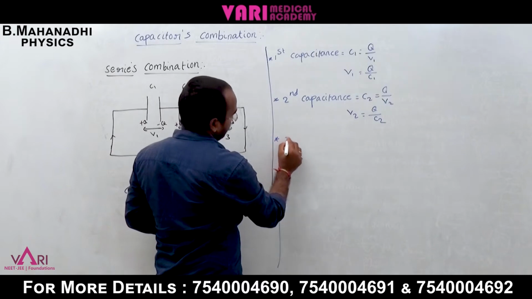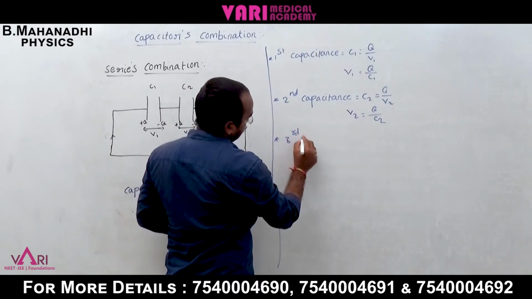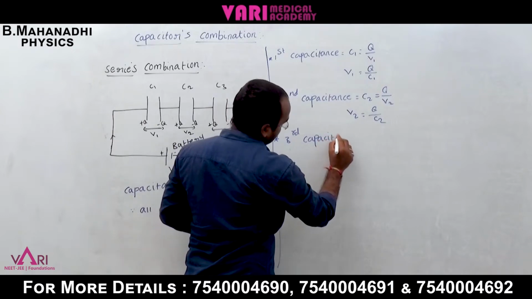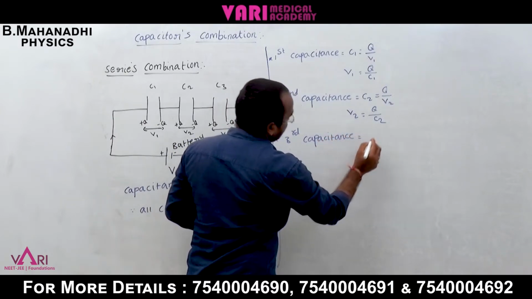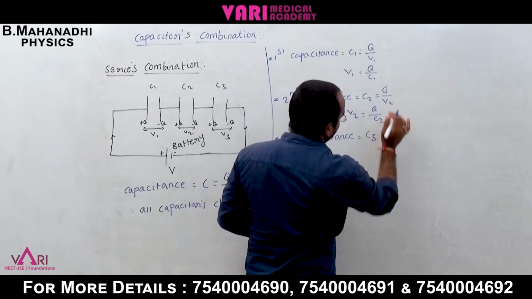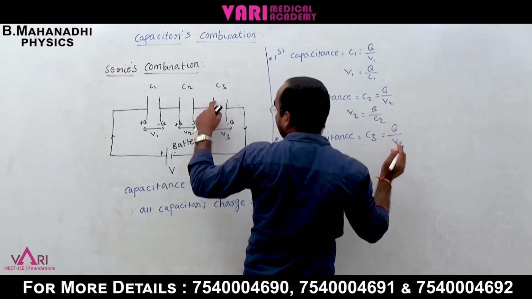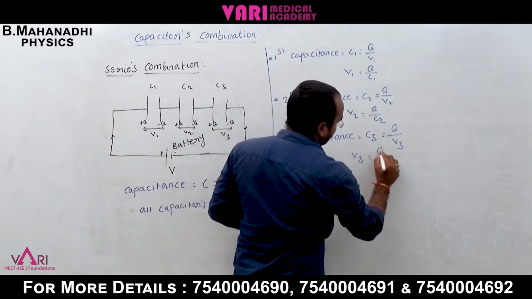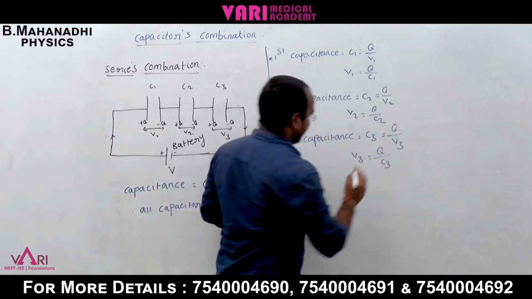Third capacitor: C3 is equal to Q by V3, the potential of the third capacitor. So V3 is equal to Q by C3.